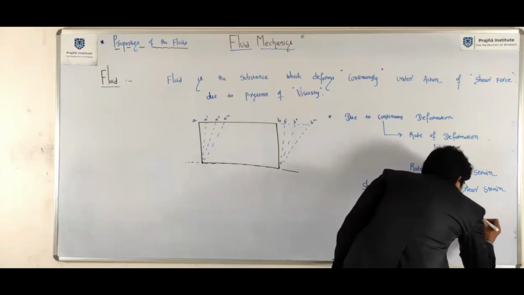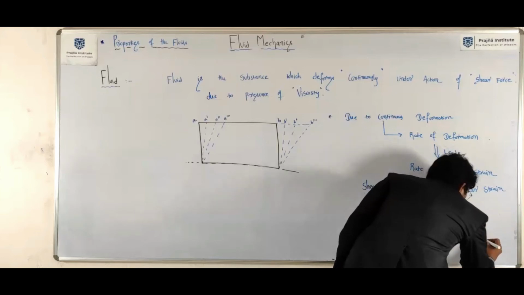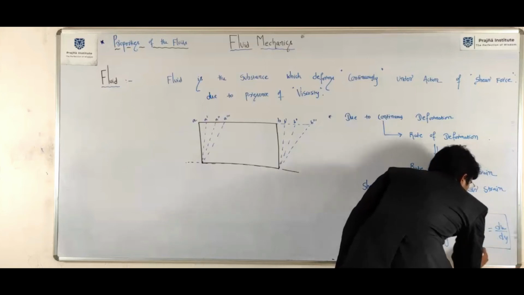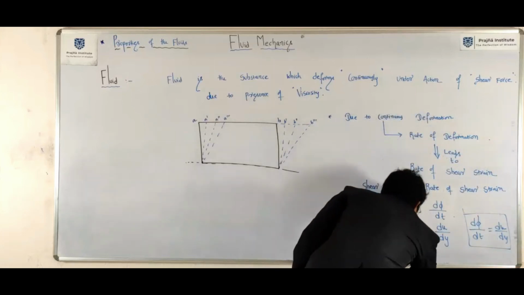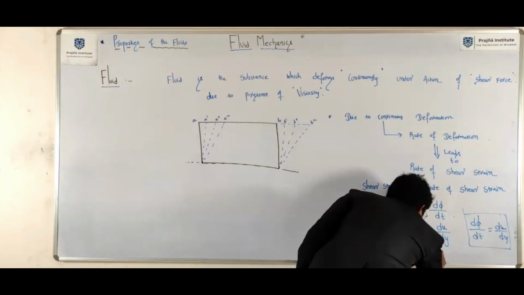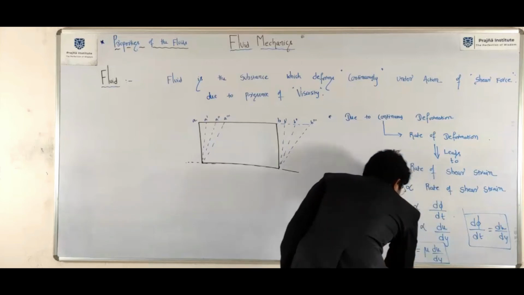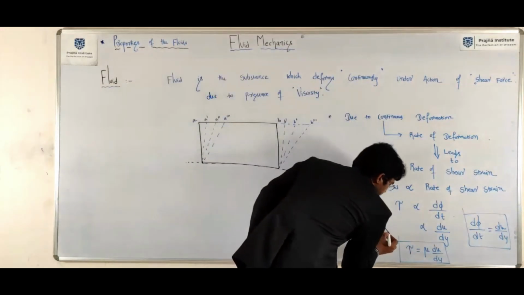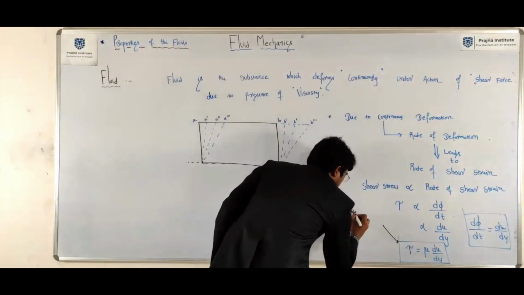Why? Because rate of shear strain is equivalent to velocity gradient. We will prove it in the viscosity chapter. Finally, tau is equal to mu into du by dy. This is called Newton's law of viscosity.